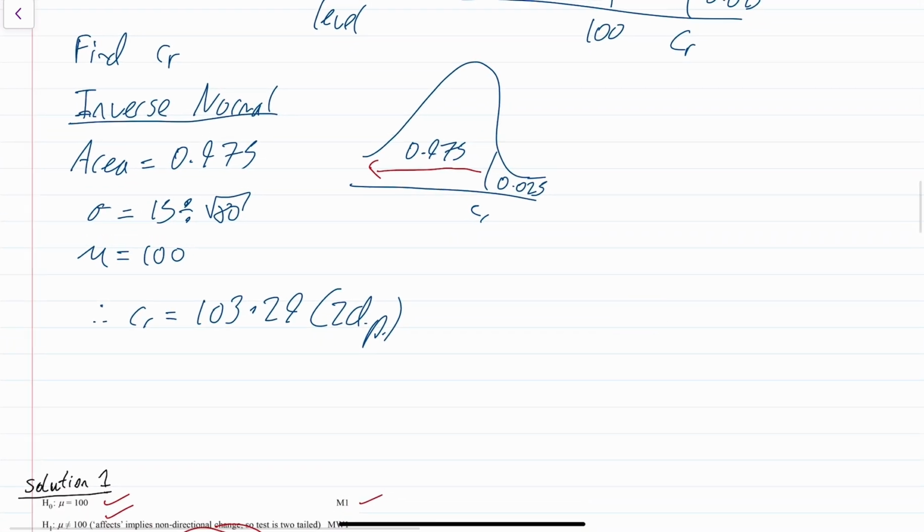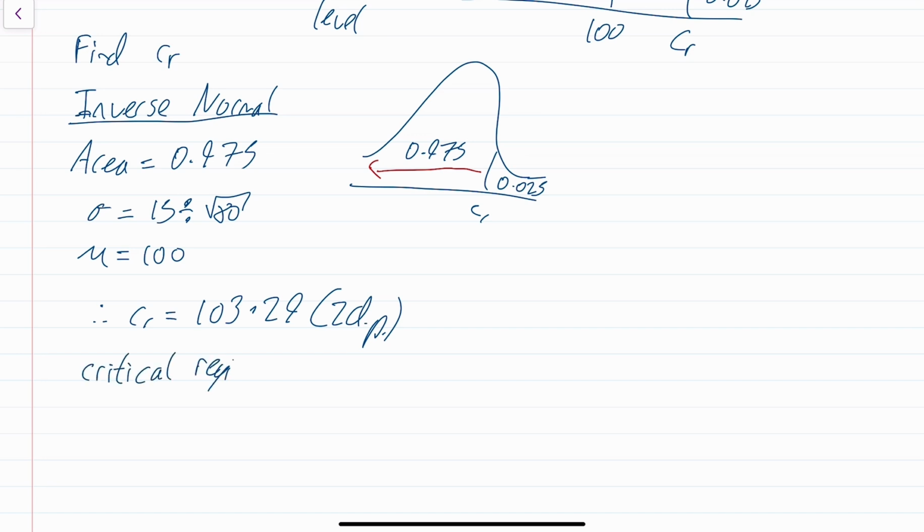So you can see then, if you do it that way, you could say the critical region, because they could ask you this, the critical region is X bar greater than 103.29. So if your test value is anything greater than 103.29, then you reject your H0.